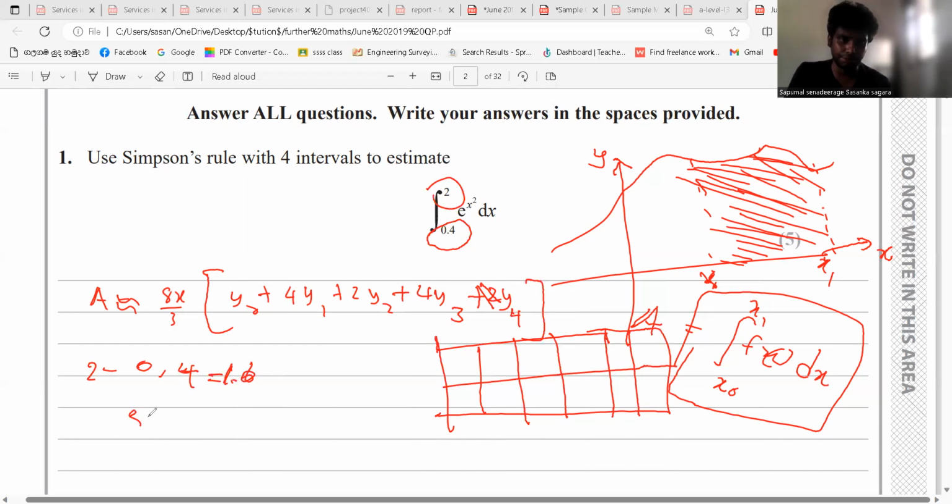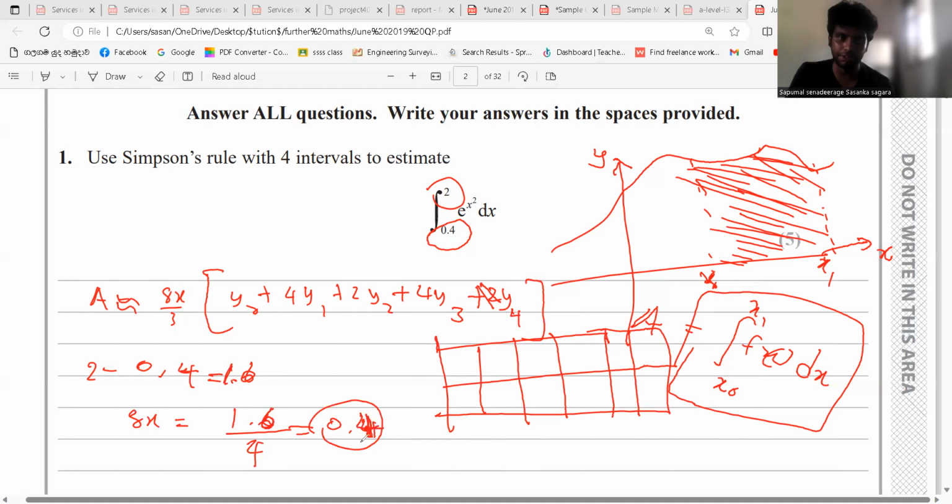Then we want to find out the length of the interval, since we were asked to get 4 intervals. 1.6 is divided by 4 in order to find the length of the interval. It is given by delta x.